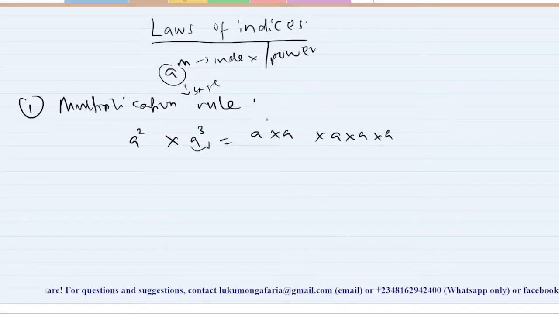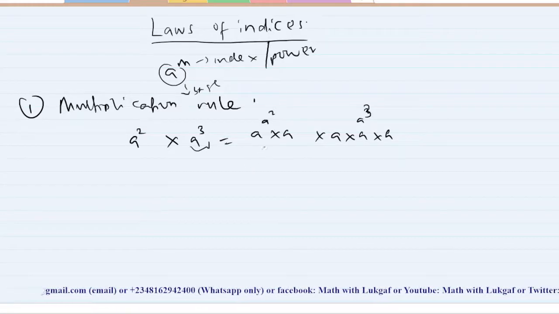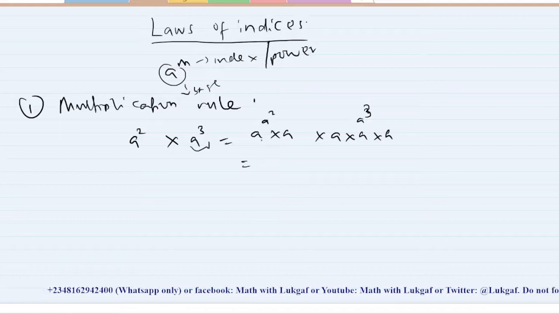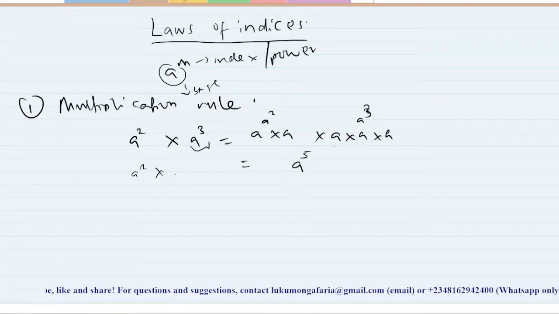You understand now? If you combine the two together, then what do I have? 1, 2, 3, 4, 5. I have a in 5 places, that is a multiplied by itself 5 times, which is equivalent to a raised power 5. So therefore, a squared multiplied by a raised power 3 is equal to a raised power 5.